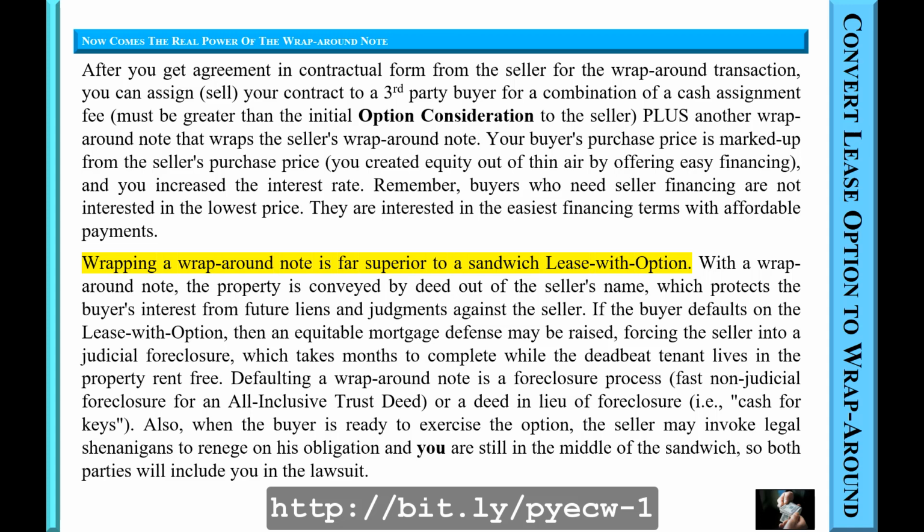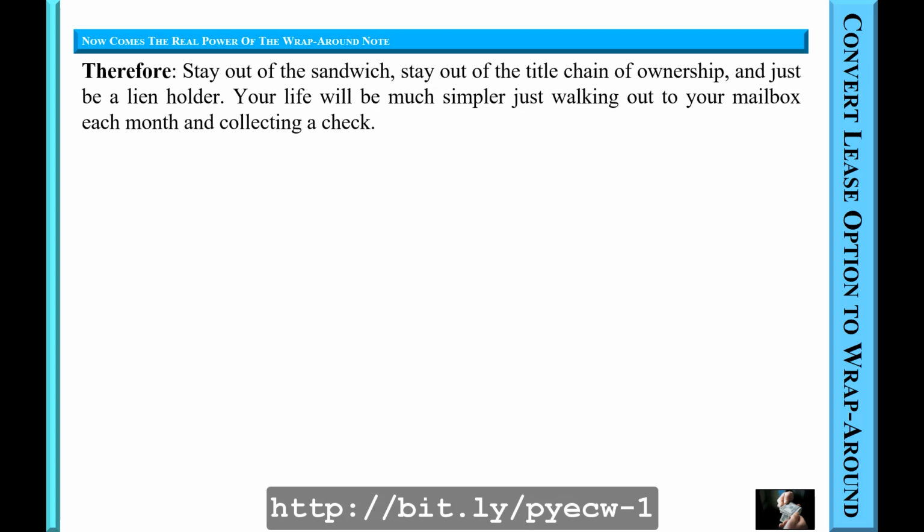Also, when the buyer is ready to exercise the option, the seller may invoke legal shenanigans to renege on his obligation, and you are still in the middle of the sandwich, so both parties will include you in the lawsuit. Therefore, stay out of the sandwich, stay out of the title chain of ownership, and just be a lien holder. Your life will be much simpler just walking out to your mailbox each month and collecting a check.